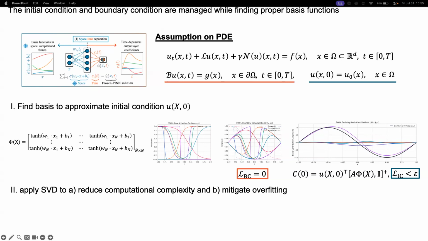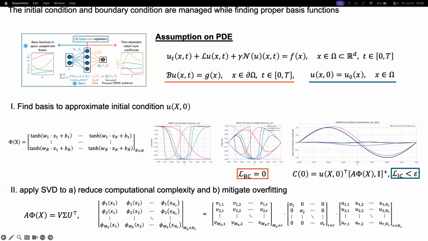And for a technical reason, if there is a numerous number of basis functions, it will be prone to overfitting, and the computational complexity would blow up. So we just apply the SVD, singular value decomposition, on the basis function space. So it will look like this.